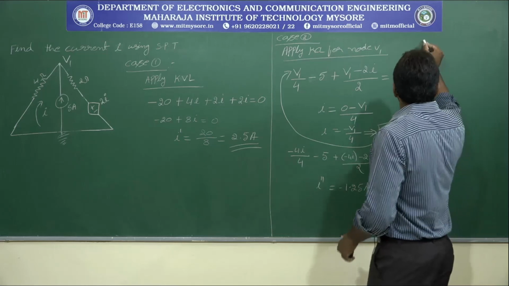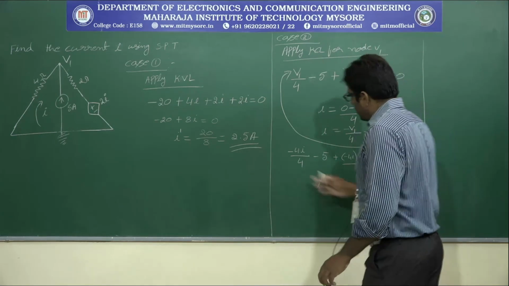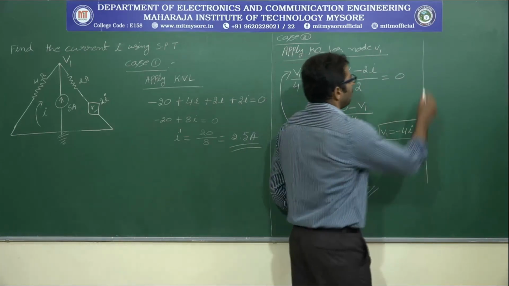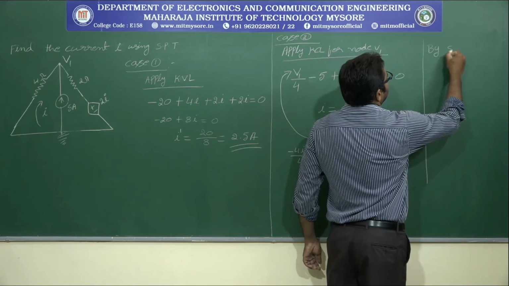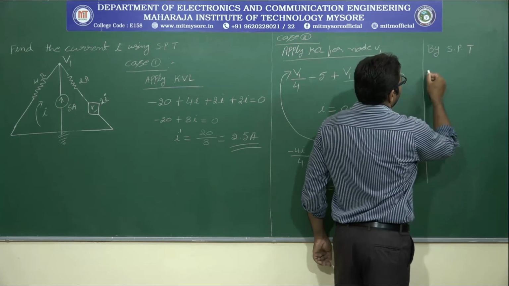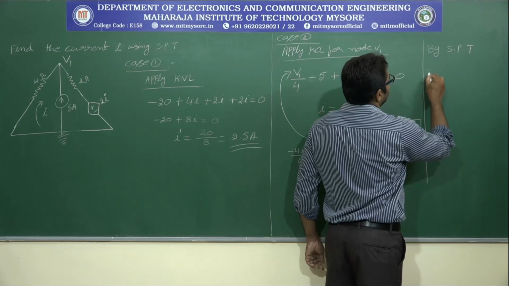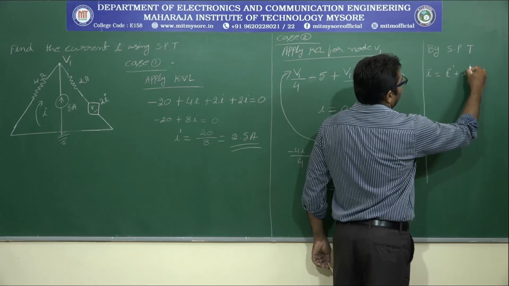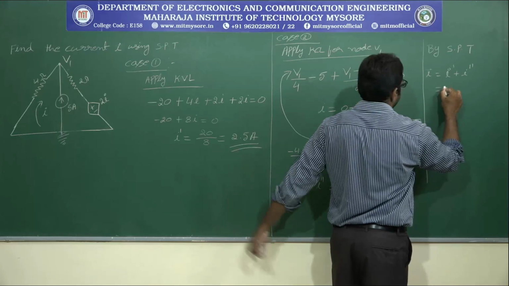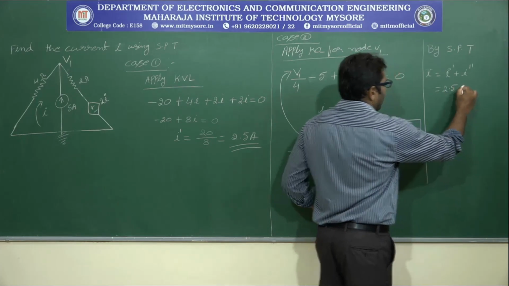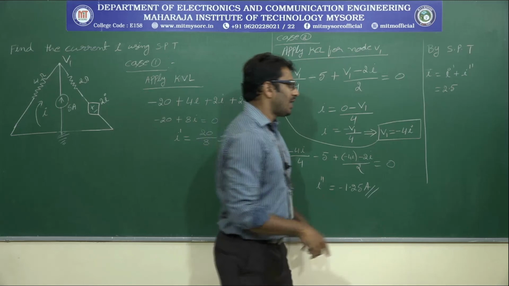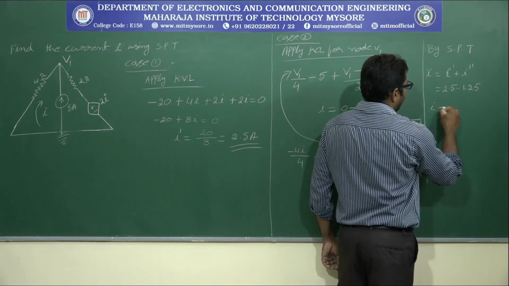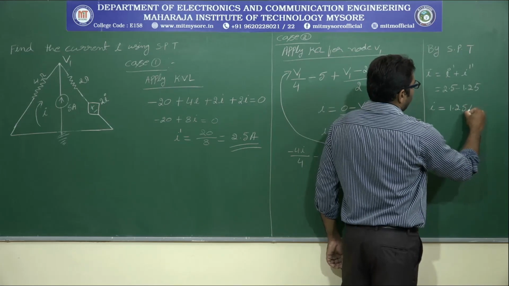Next, by the superposition theorem, I dash is 2.5 and I double dash is minus 1.25. I is equal to I dash plus I double dash, which is 2.5 plus minus 1.25. Therefore, finally, the current is 1.25 amps.